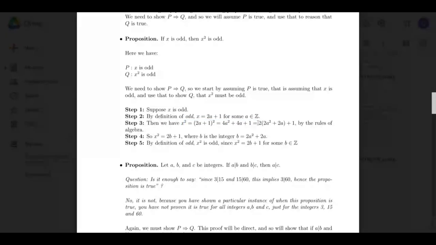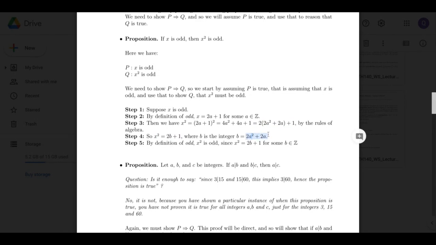Then the first 2 terms we can write as 2 times something, so 2 times 2a squared plus 2a, plus 1. You see, this is in the form of 2k plus 1. So this shows us this is an odd number, so x squared is odd. So x squared equals 2b plus 1, where b is an integer, 2a squared plus 2a.